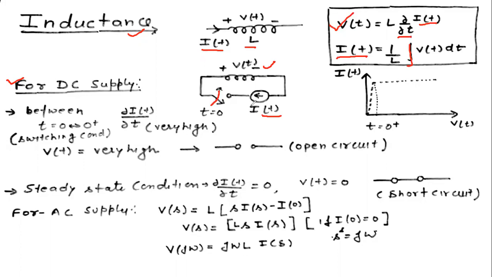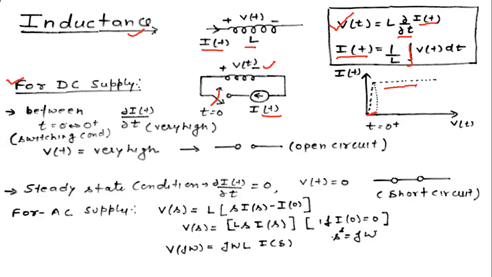What is the condition in switching? Initially the switching condition is t equal to 0 to 0 plus, and after that we have the steady state condition.